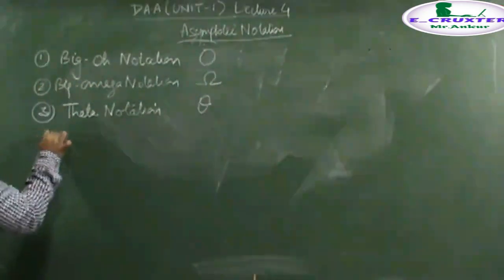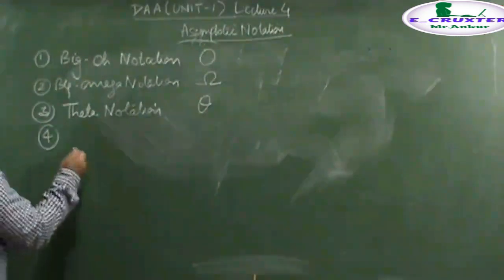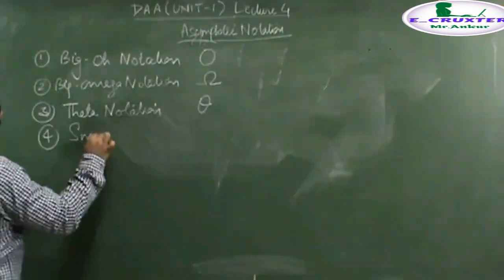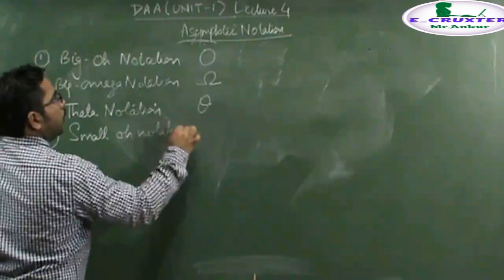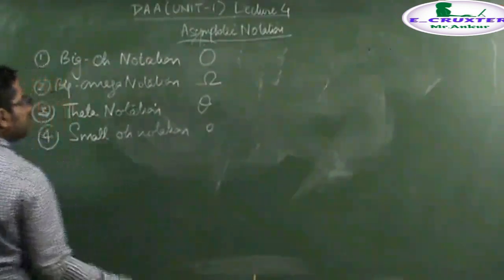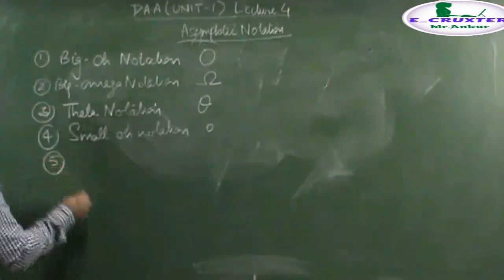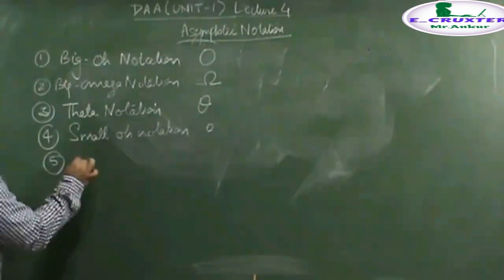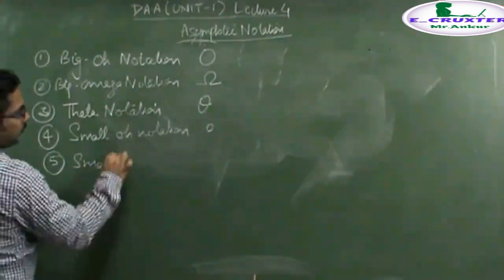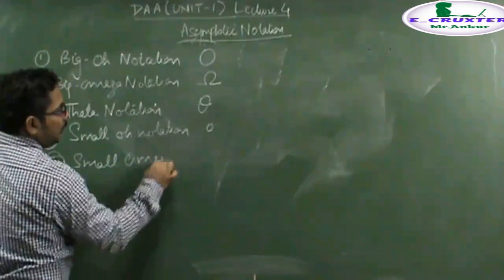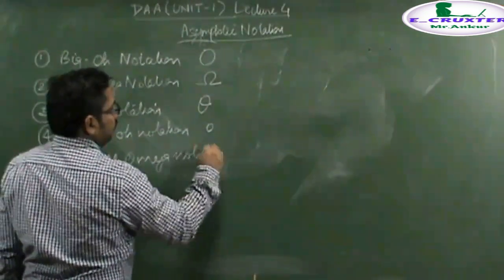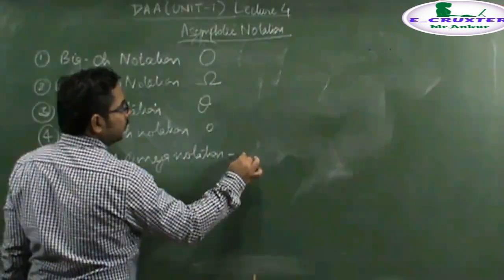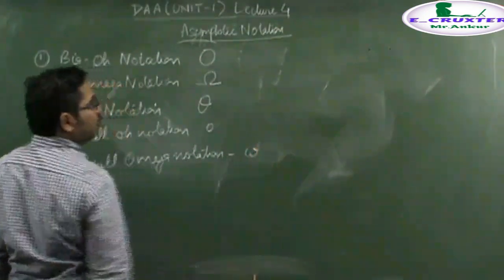Fourth is the small o notation, denoted by small o. And the last one is the small omega notation, denoted by small omega.